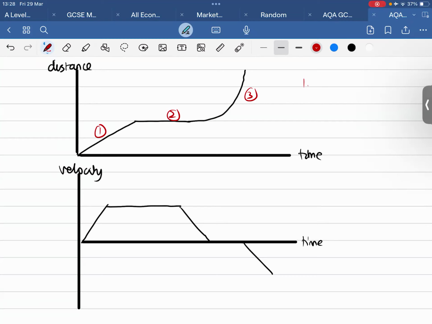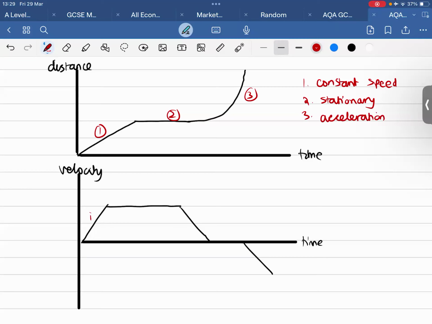If somebody's going on a run, what are they doing at one? They're moving at a constant speed. Exactly. What about at two? Two is stationary. Exactly, they're not changing distance, so they're not moving, so they're stationary. And three is moving again, but the speed is increasing. Yeah, so it's an acceleration. Exactly.